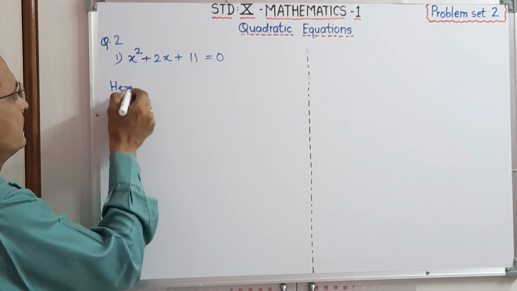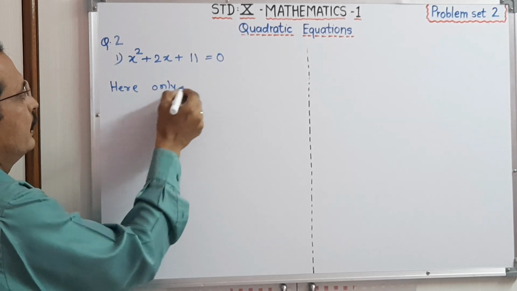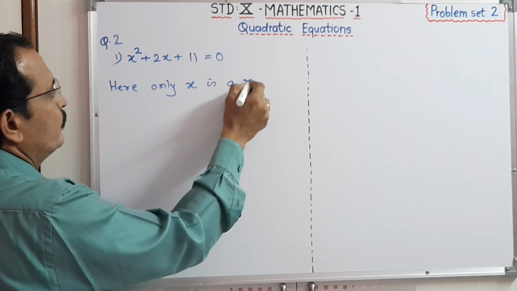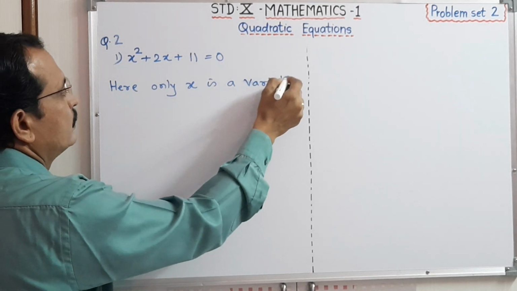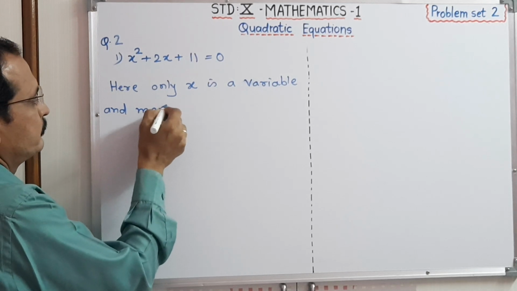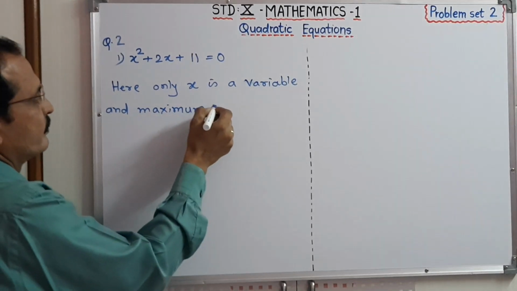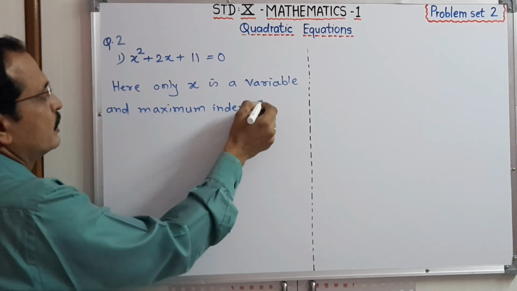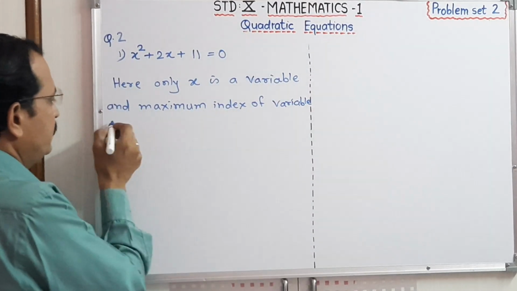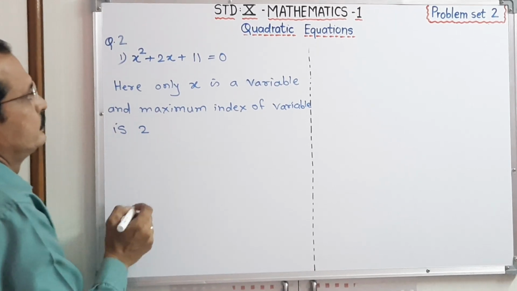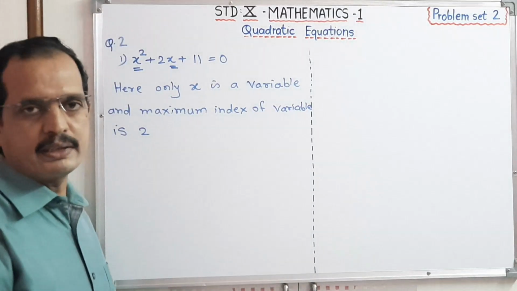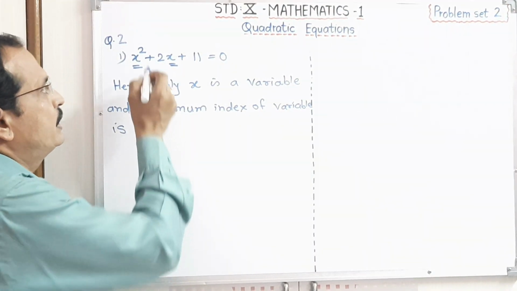Here only x is a variable and the maximum index of the variable is 2. x is the variable and the maximum index of this variable is 2.